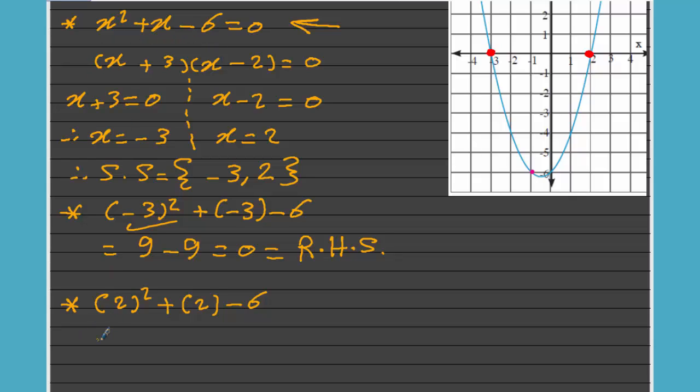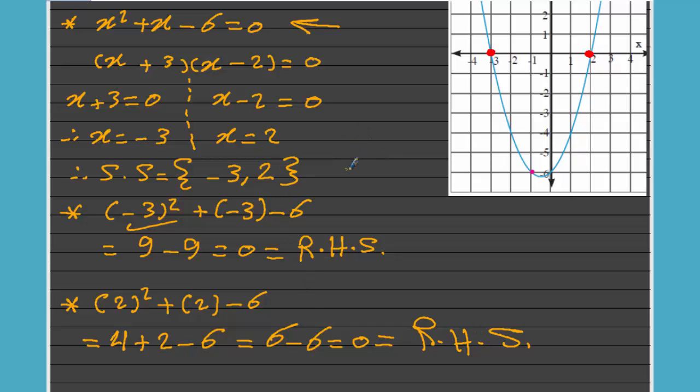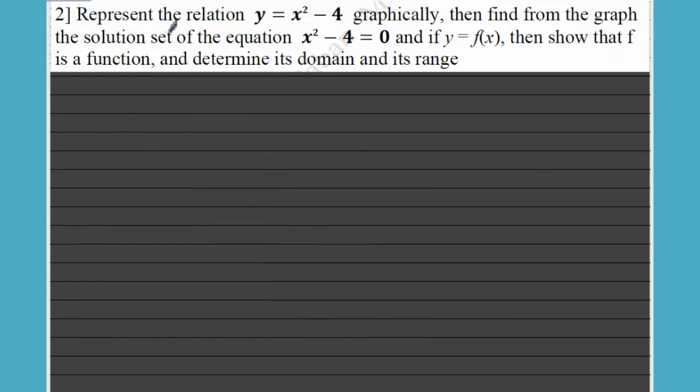So it equals 4 plus 2 minus 6. The result equals 6 minus 6, which equals 0, equals the right hand side. So also 2 is a solution. Okay.